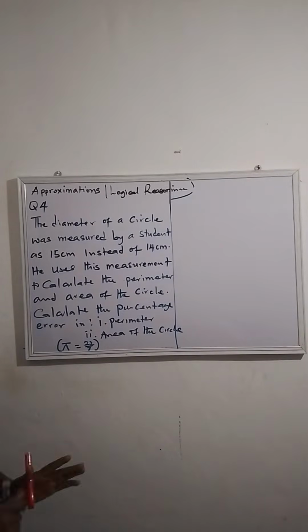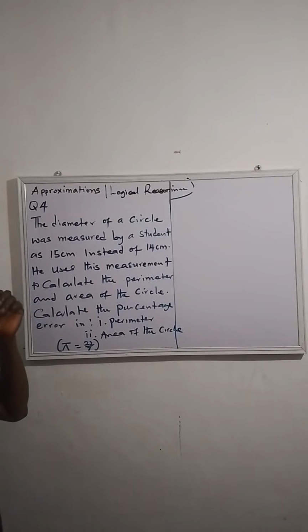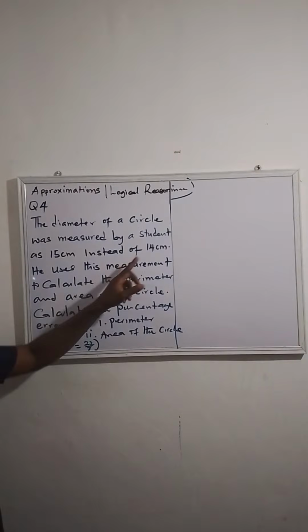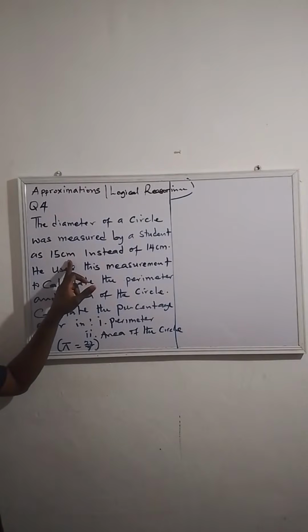Now, the first thing is to understand what the student is doing. The student is expected to take a measurement of 14 centimeter for the diameter of a circle, but the student measured 15 centimeters. So the student had made a mistake. All right. So what mistake did he make?